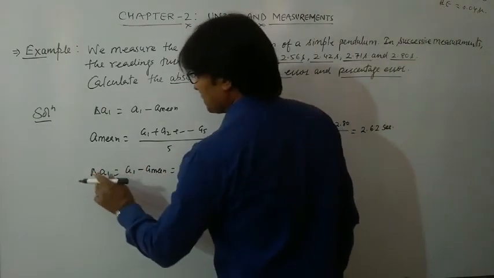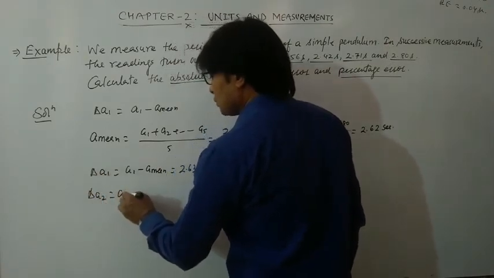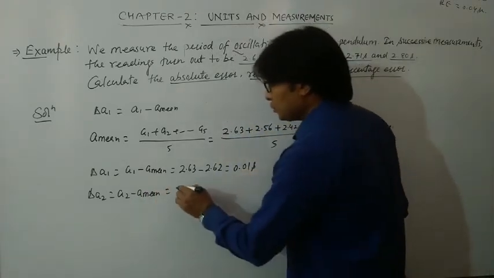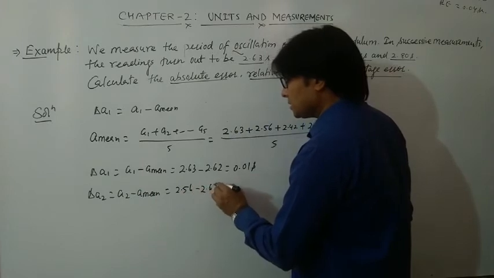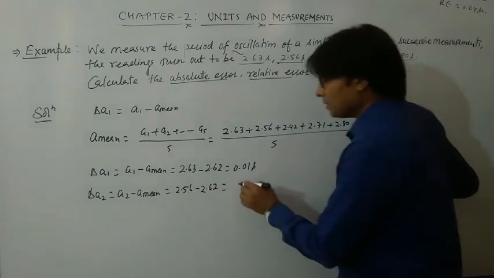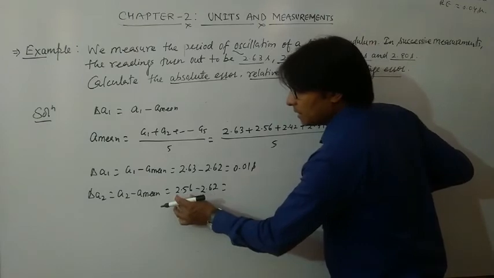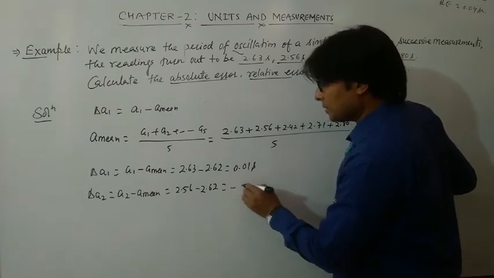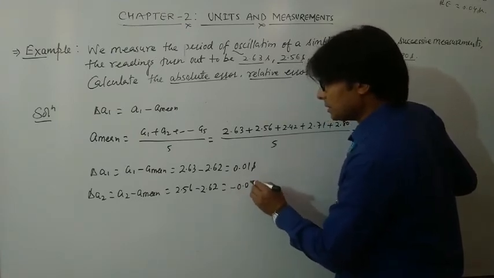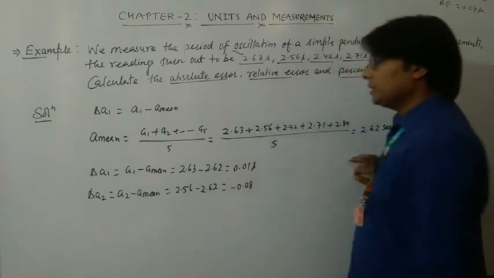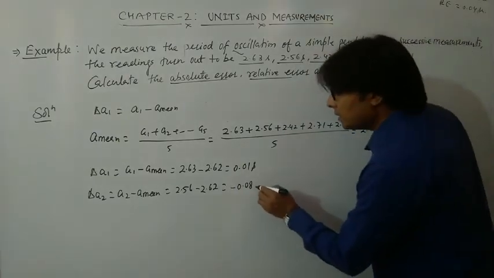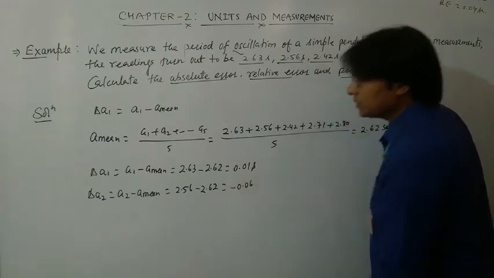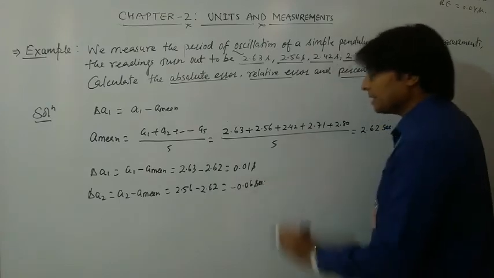Now in the second observation, delta A2 will be A2 minus A mean. What is A2? A2 is 2.56. 2.56 minus 2.62 comes out negative, since this measured value is less than the average value. So it will be negative 0.06 seconds.